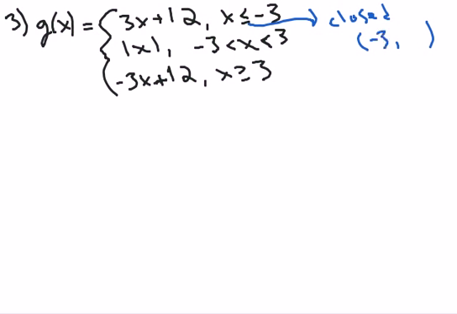And so if I plug in -3 as my x value here, I get 3 times -3 is -9 plus 12 is +3, right? So I have a closed point at (-3, 3).